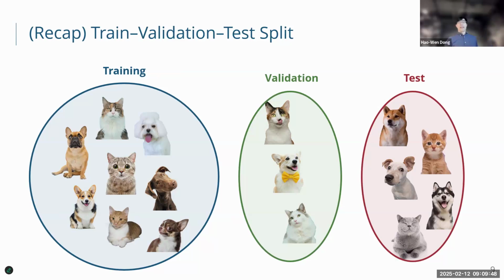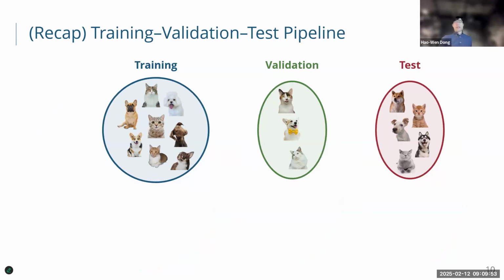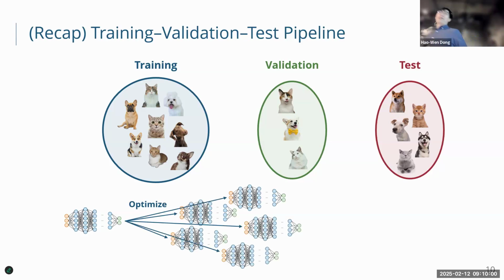And so we evaluate our model on the validation set. So the general pipeline looks like this. We have a model and we train it on our training data set. So we optimize it, and we get different versions of it. These different versions could be the first epoch, second epoch, third epoch, or you try a different learning rate, a different model, various different things. But basically you get a bunch of different versions of your trained model, but you don't know which one is better. And then you do the validation.